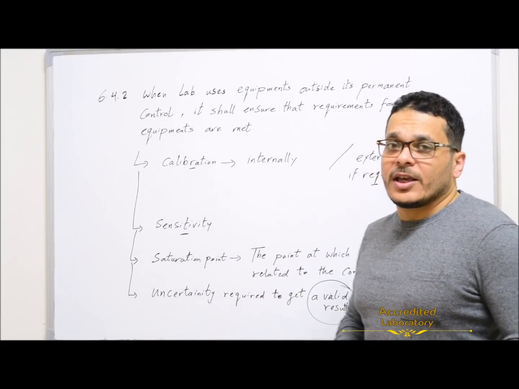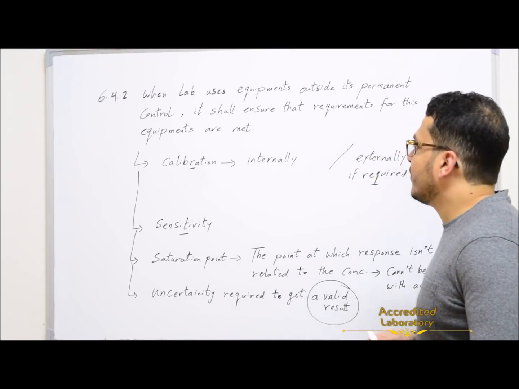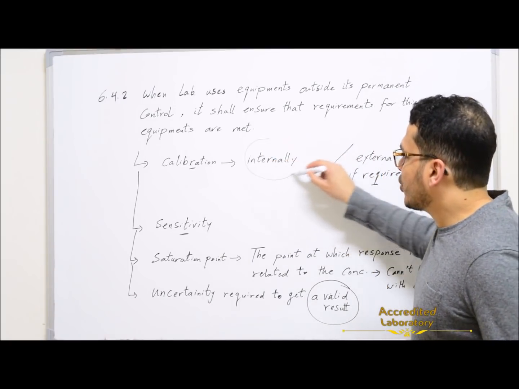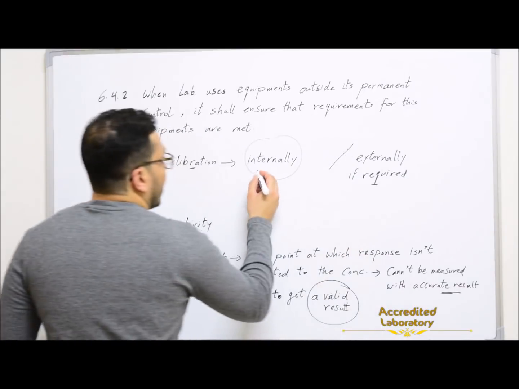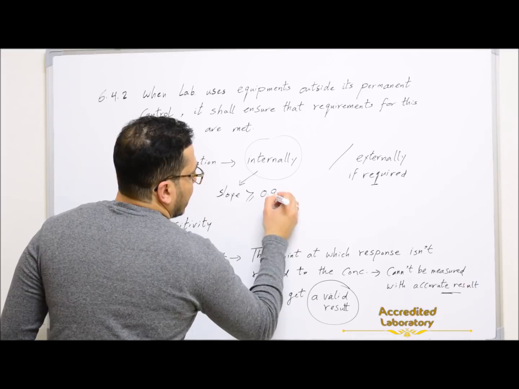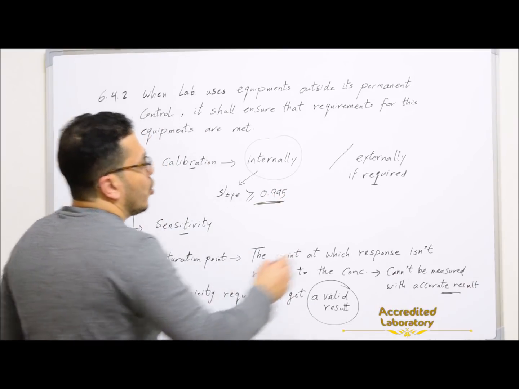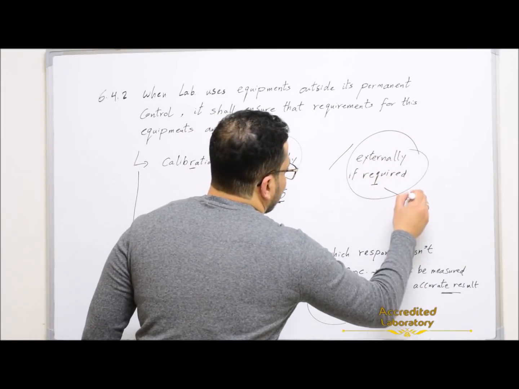Number one, calibration should be within accepted criteria. If there is internal calibration, it should be within accepted criteria, like the slope should be within this criteria, like 0.995, or externally if required with the certificate.